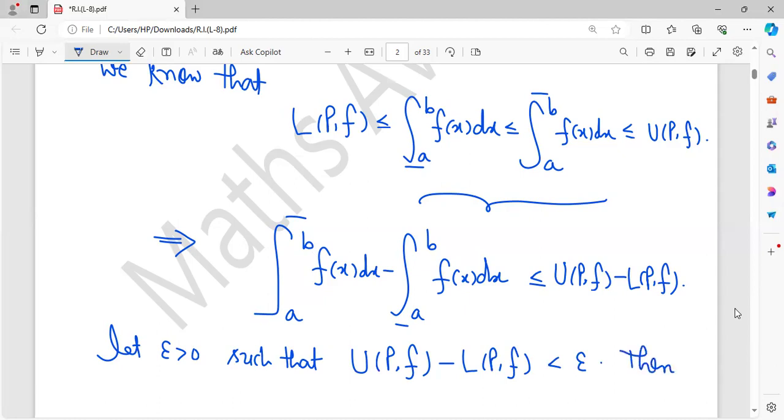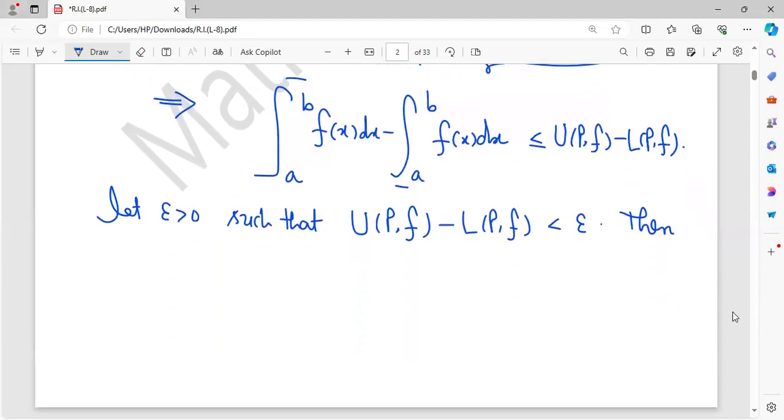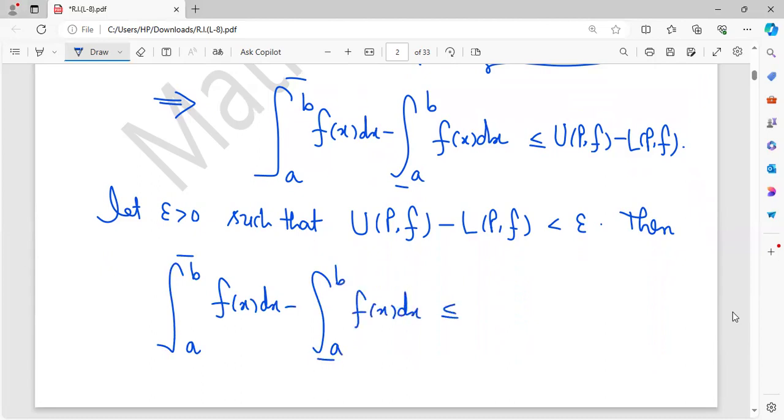Then what we have is this: the upper integral minus the lower integral is less than U(P,f) minus L(P,f), and this is less than epsilon.